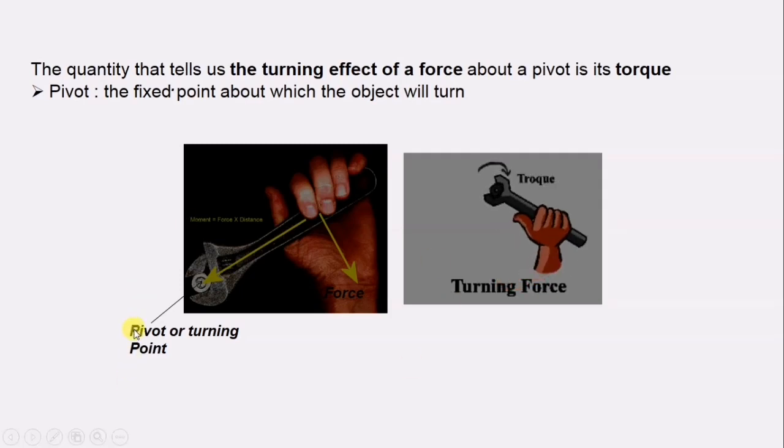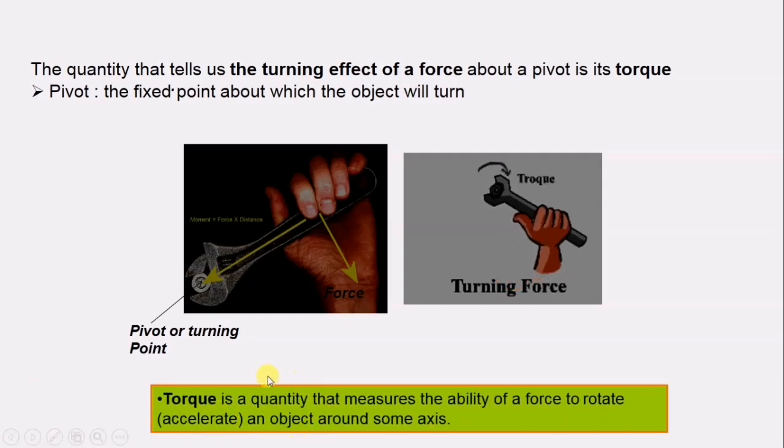Okay, so what is torque? See this turning effect? The effect caused by the force applied, it is the torque. Okay, so torque is the turning effect of a force. So every force exerted on an object that can turn has a turning effect. This turning effect is the torque.